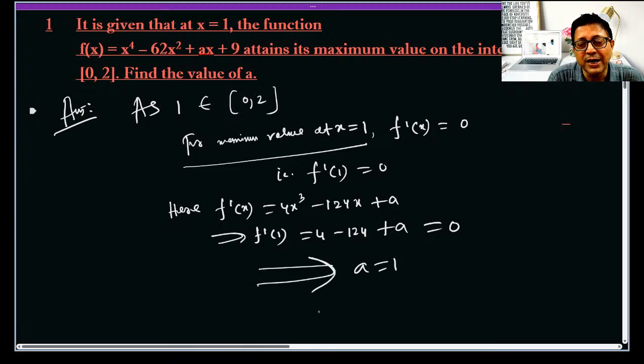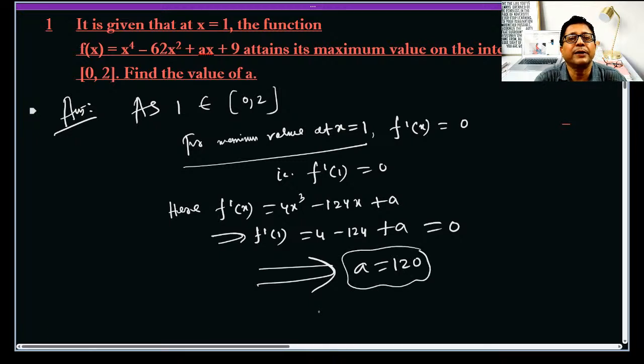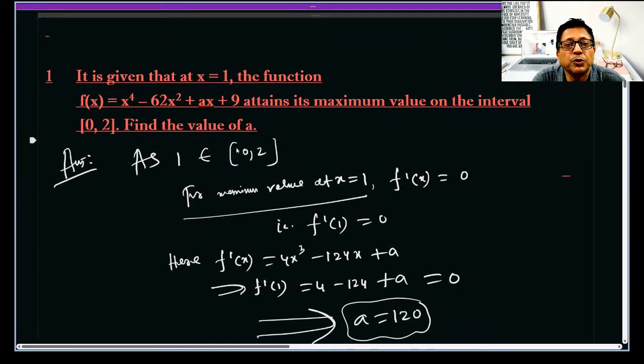So this implies that a equal to 120. Okay? So this interval is given here, means you be sure that, because they asked you to find maximum value in this interval and 1 belongs to this, so just put derivative equal to 0 over there without any hesitation.